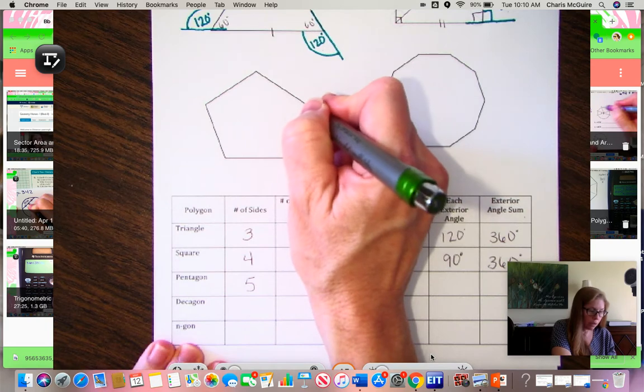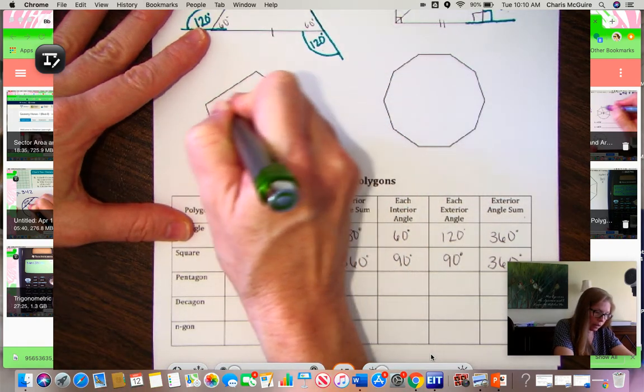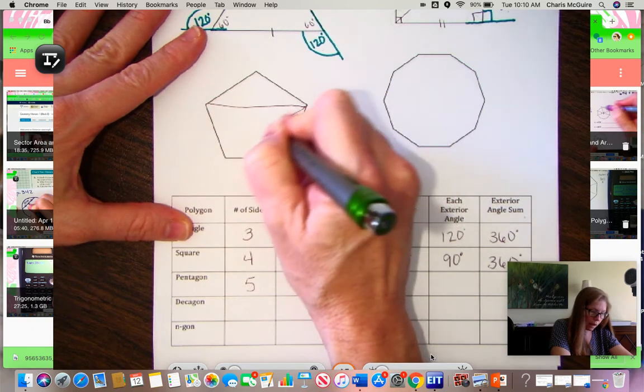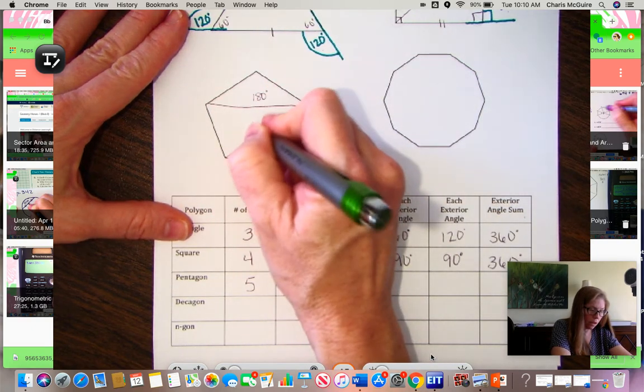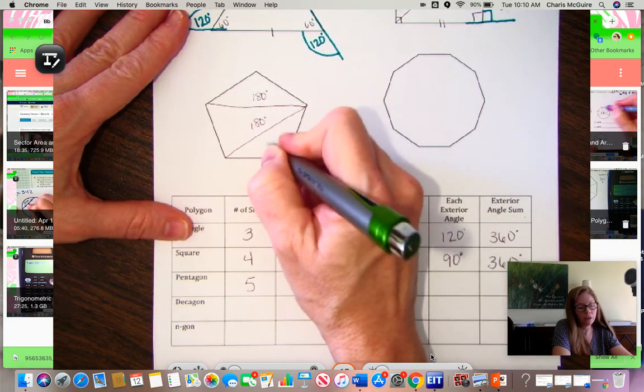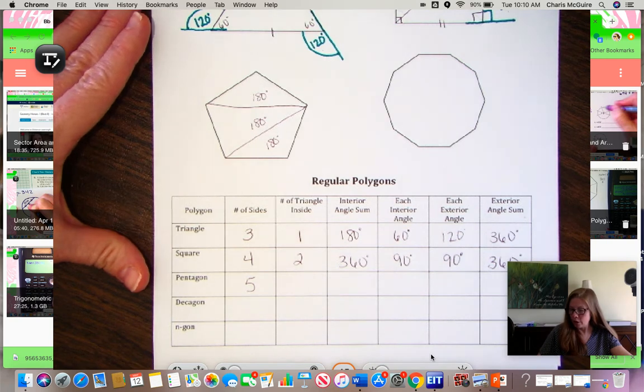So we can pick this vertex over here, and make a diagonal this way and a diagonal this way. So you have one triangle for 180, a second triangle for 180, and a third triangle for 180 degrees.